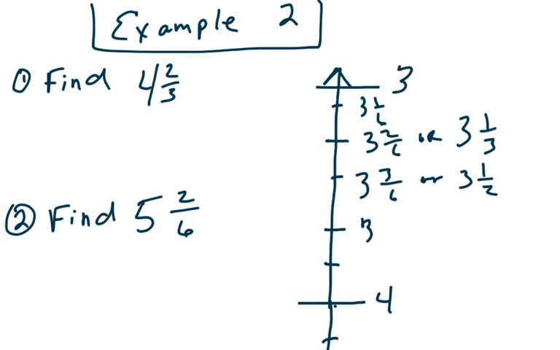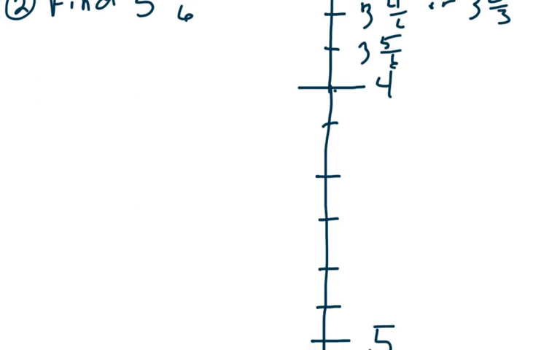This is 3 and 4/6, or 3 and 2/3, because remember, every 4/6 you have 2/3. And then you have 3 and 5/6. Then you have 4, which is 3 and 6/6. So I'm still labeling. This is 4 and 1/6, 4 and 2/6, or 4 and 1/3.